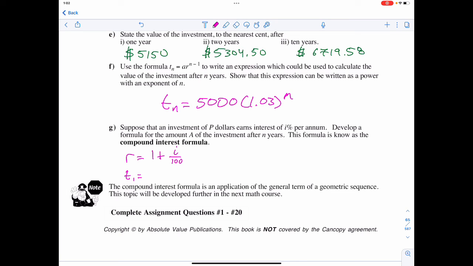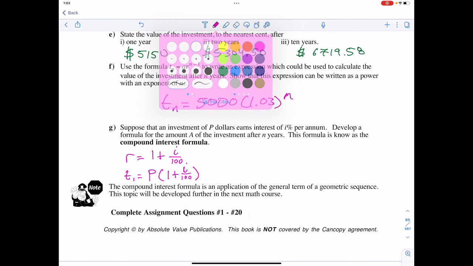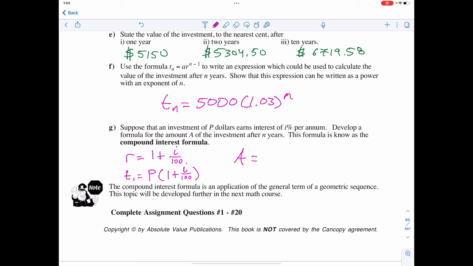Term 1 is always going to be the investment multiplied by 1 plus i over 100, or multiplied by the r value once. And my A value would be the same as P times 1 plus i over 100 to the power of n years.